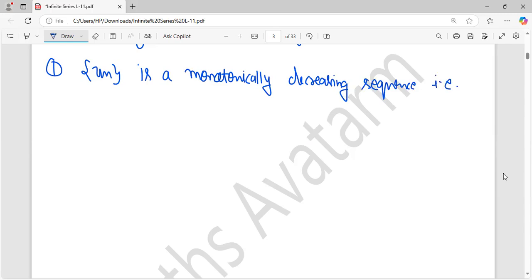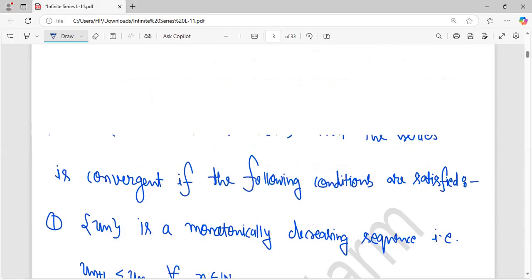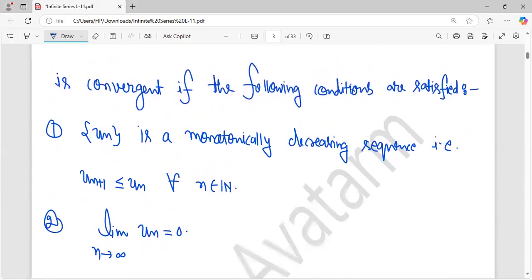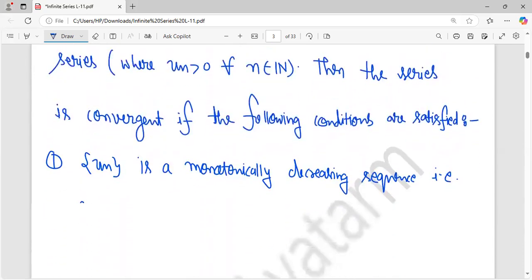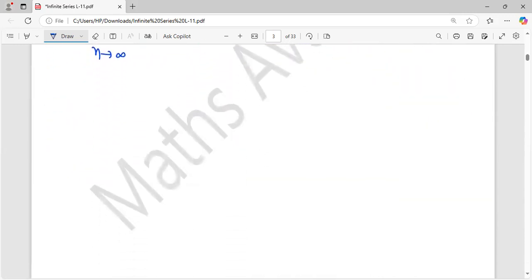Un plus 1 is less than un for all n belongs to N. Second, limit of un as n tends to infinity is nothing but 0. Okay. If you have an alternating series and un is monotonically decreasing and its limit as n tends to infinity is 0, then the series is convergent. Okay. So let's see its proof, how it will work.